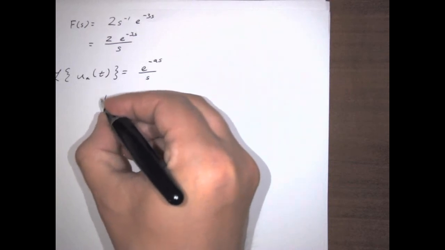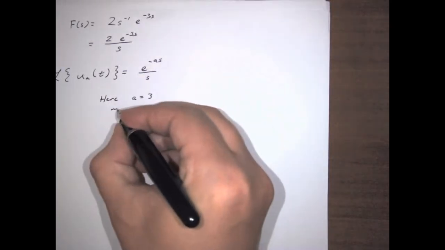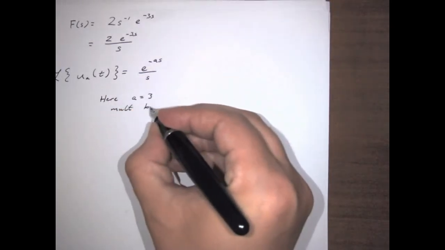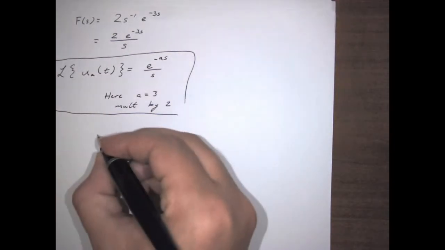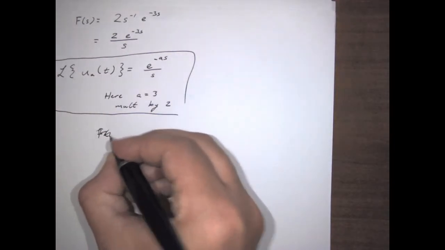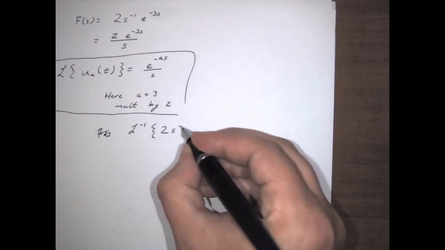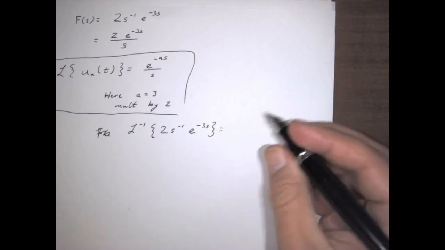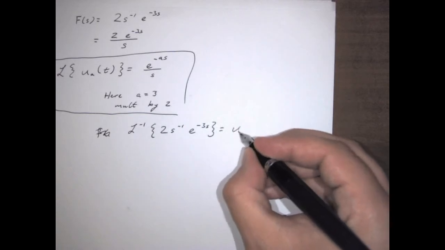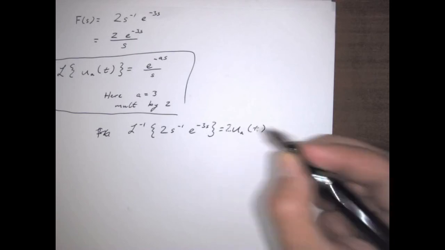So here, a equals 3 and multiply by an additional factor of 2. So then what that gives us is that the inverse Laplace transform of 2s to the negative 1 e to the negative 3s is equal to u sub a of t times 2.